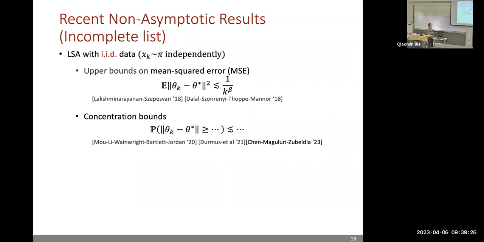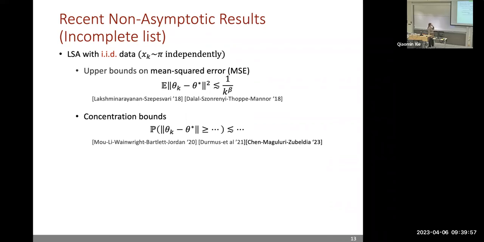The results you might have seen take a form like this: if you use a decaying step size, then the mean square error is roughly upper bounded in terms of the iteration in this way. The beta here corresponds to the exponent used in your step size in the diminishing case. And later we will see what happens if we use a constant step size.